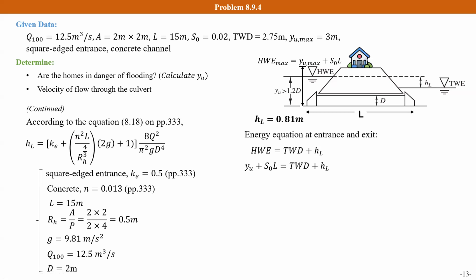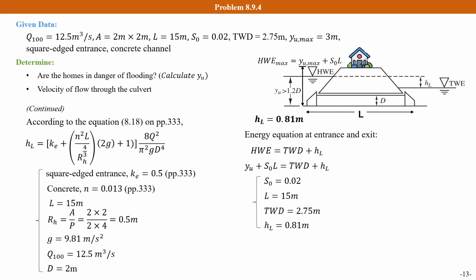The headwater elevation equals the water depth plus the elevation. We can calculate the elevation by using the slope times the culvert length. In this equation, we already know the slope, length, tailwater depth, and the head loss.